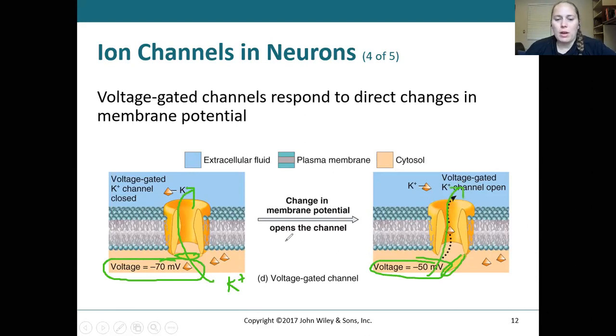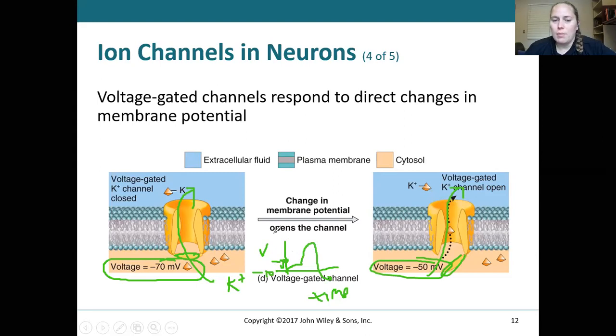So if we were to draw that on a graph, with this being voltage and your x-axis being time, let's say over time you see an increase in voltage, and then once this is -70, let's say once you've hit -50, what happens is you're going to have that voltage-gated channel open and a huge increase in the voltage or decrease in the voltage, kind of depending on what happens.